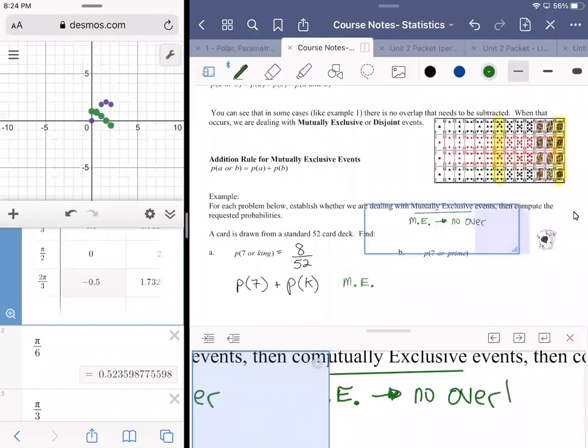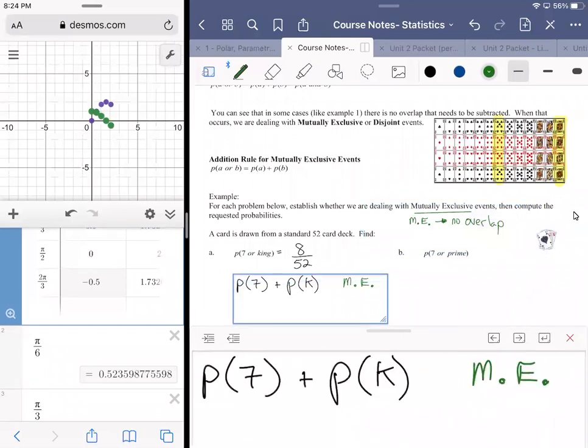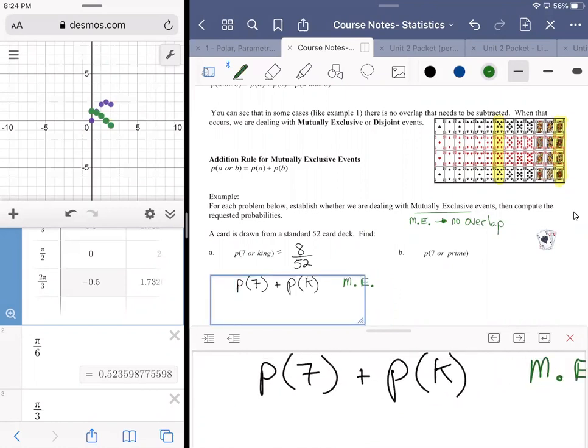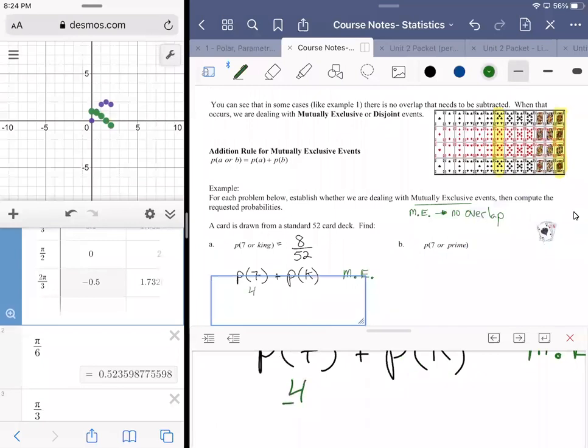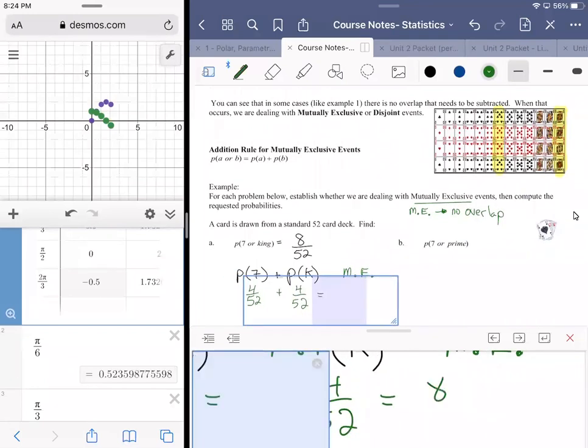So there's no way that you could have a card that is both a 7 and a king at the same time. Right? So that's your license to just simply add the probabilities for each one. 4 out of 52 plus 4 out of 52. So the formulaic approach would also give us 8 out of 52.